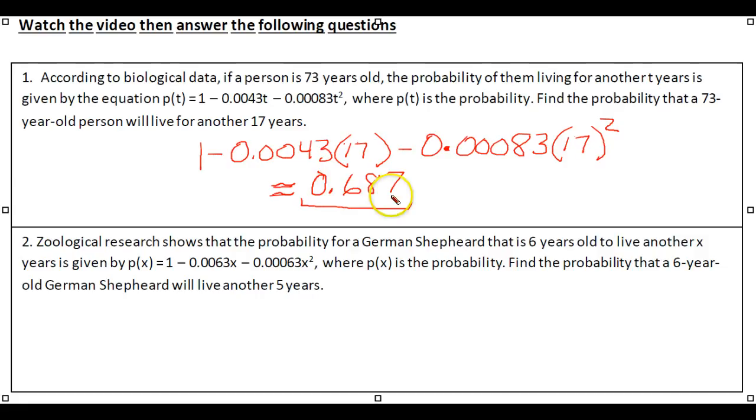So this is a probability that we'll be studying also later in the course. And this is out of 1. So if you have a 0.5 probability, that's like 50%. And this is like 68.7%. If you are 73, you'll live another 17 years.